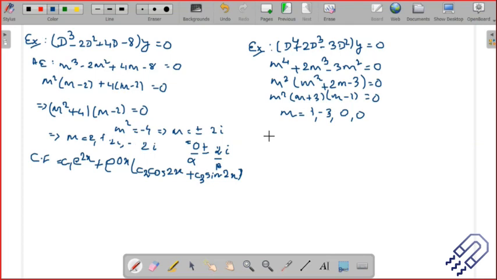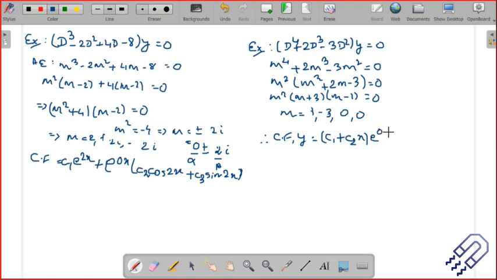So can anyone tell me what will be the result for this? What will be the value of the complementary function? You can also write it as y. Two of the values get repeated, so that's 0. So maybe I can write it down as c1 plus c2x, e to the power mx.